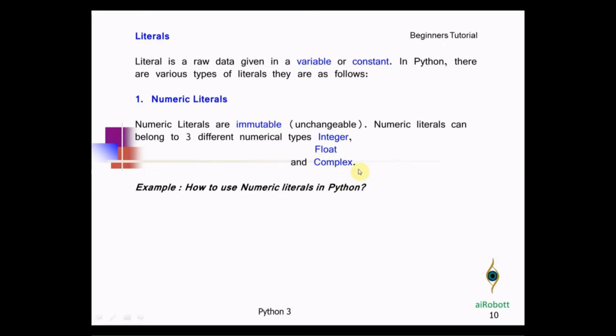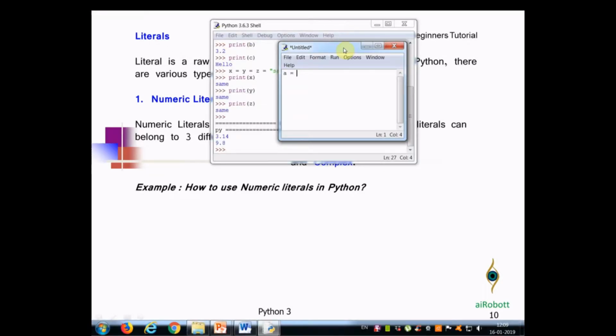Let's see one example of how to use numeric literals in Python. a equal to 0b1010. This is a binary literal. b is equal to 100.